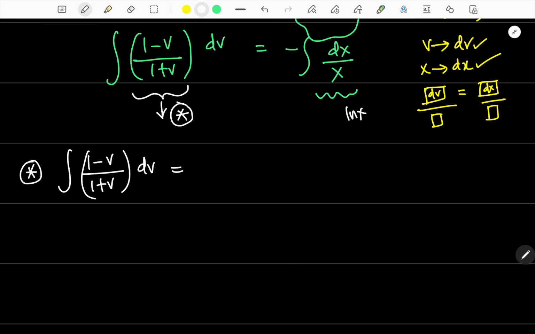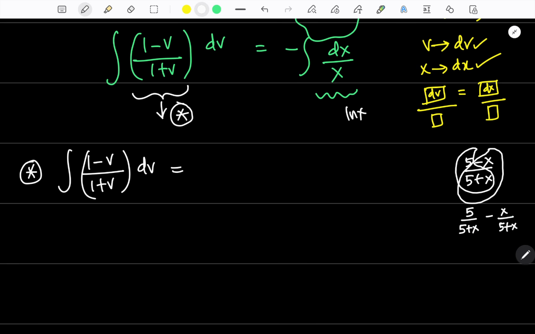This is equal to, I'm going to do a small adjustment. Look carefully, right? Suppose I have 5 minus x divided by 5 plus x. What I'm going to do is 5 divided by 5 plus x minus x divided by 5 plus x.